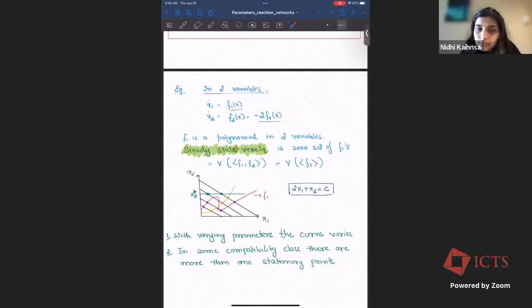So there is this f1 whose zero locus you're looking at, right? And then you also have this additional relation, 2x1 plus x2 is equal to c. But then how did you get these red, blue, and the yellow curve? Right. So my F1 is a curve in some kappa i's, the parameters, and x1, x2.